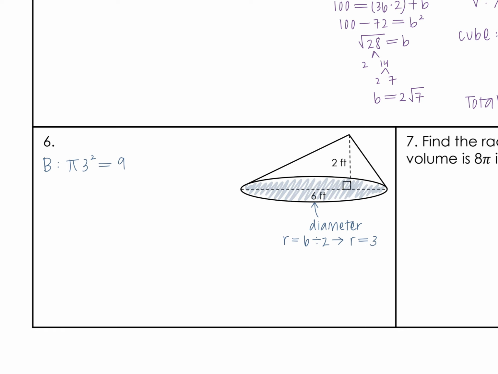So we're going to get 9 pi for our capital B, and then we'll have an h of 2. So my volume is going to be 1/3 that 9 pi times 2, which is just 6 pi feet cubed.